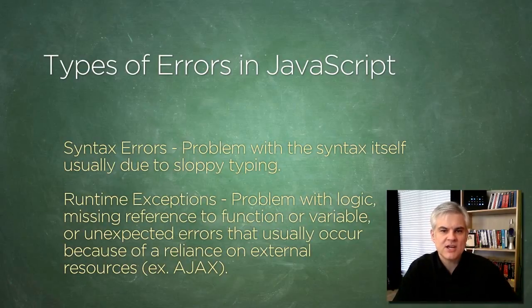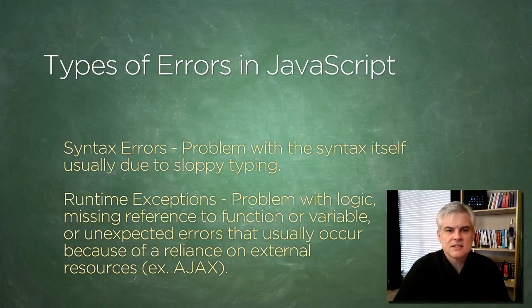We'll talk about AJAX much later in this series of videos, but let's say, for example, the web server is having problems today, and it happens to mangle the response back to the web page. Well, you, the front-end web developer, you have to account for this possibility.